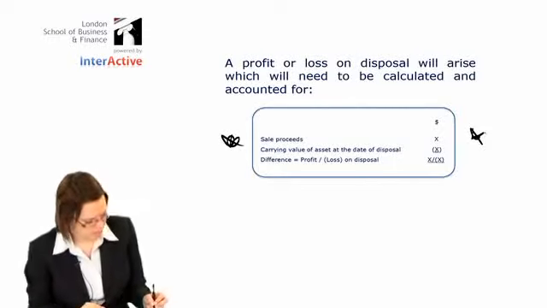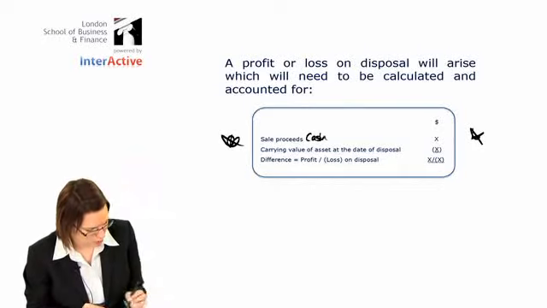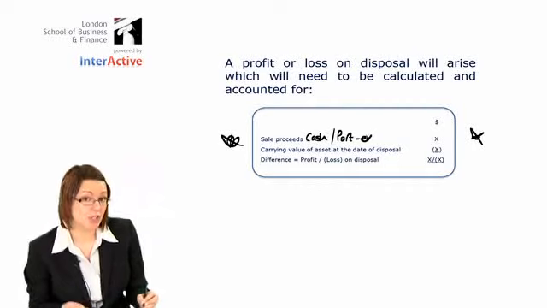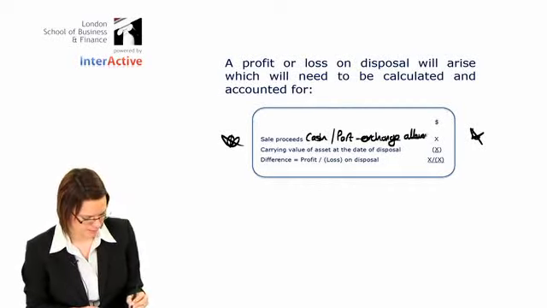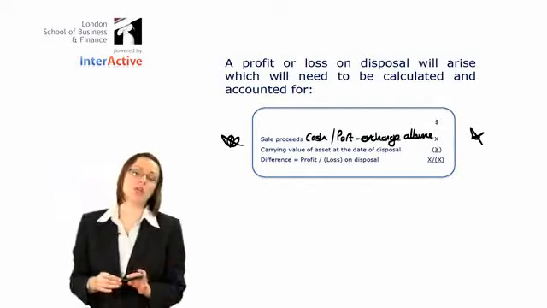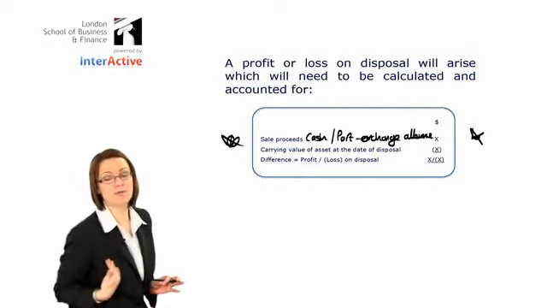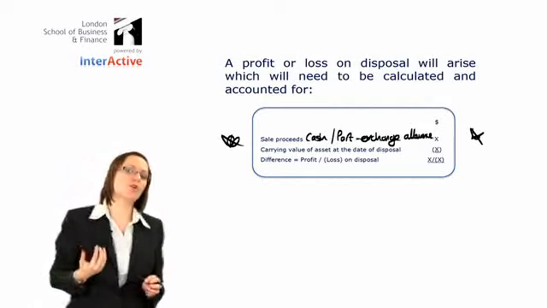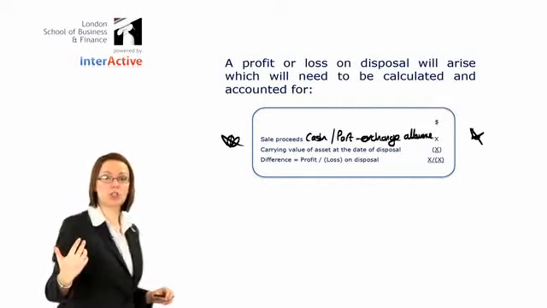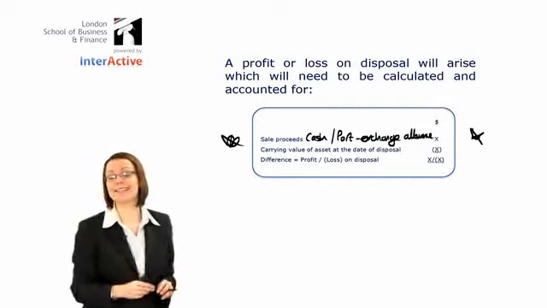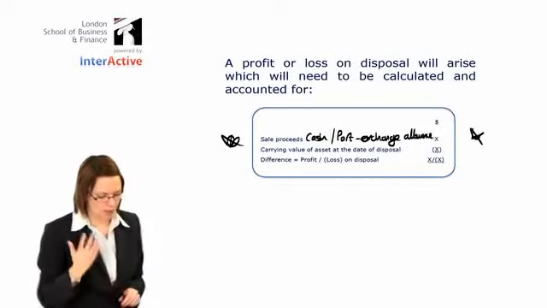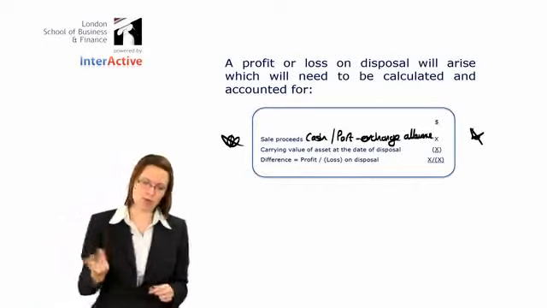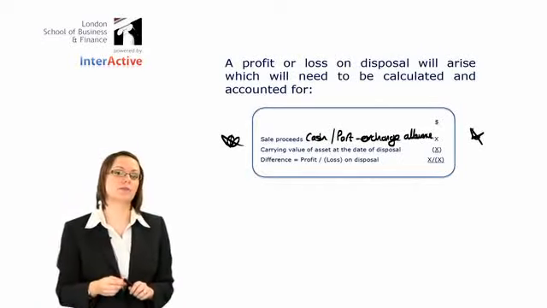So that could be cash or a part exchange allowance. So I'm either going to receive cash in return from selling that asset, or I'm going to receive an allowance or a reduction for a new asset that I'm going to trade in. Now, sale proceeds then, I'm going to pop that in first.